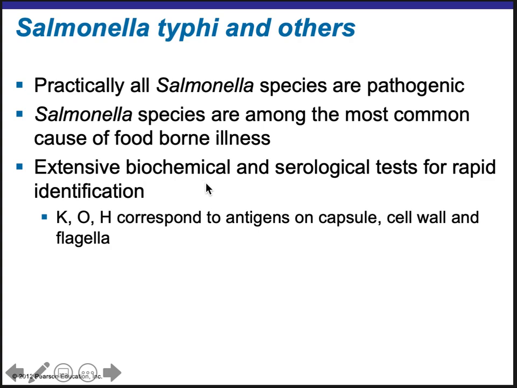So biochemical tests and serological tests for rapid identification. We look for markers on the cell, such as specific antigens on the capsule, on the cell wall, and on the flagella. We call those K, capsule antigen, O, and H, right, cell wall and flagella antigens.